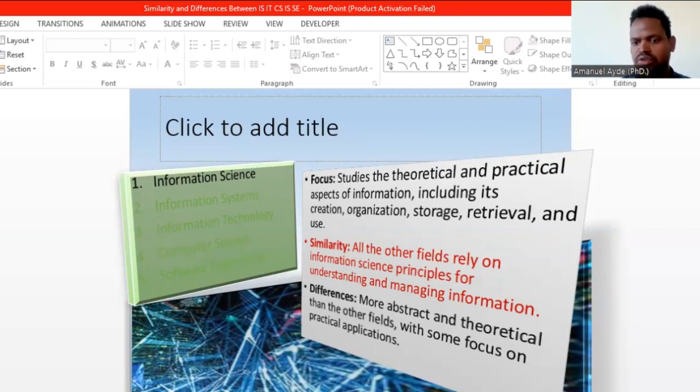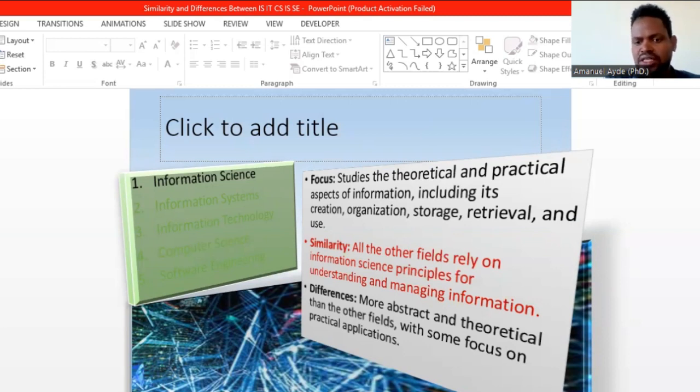That means information creation, organization, storage, retrieval, and use. For example, creation like web page creation or website development, and retrieval like search engines or developing databases for storage. These are the focus of information science.